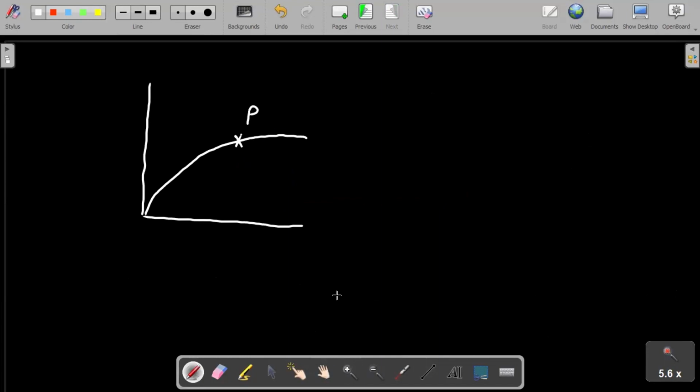In that graph, I will draw a tangent, and with the tangent passing through the point, we can find the slope. So the slope of the graph at a given point will give me ROR.